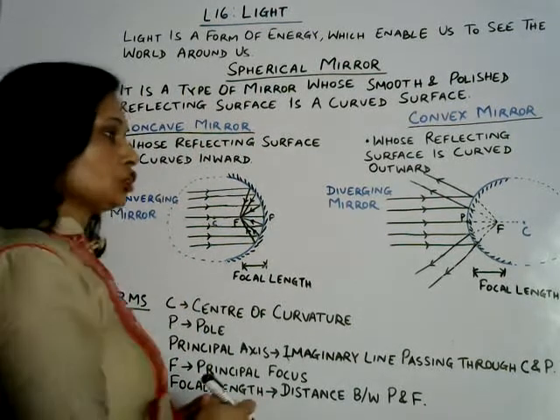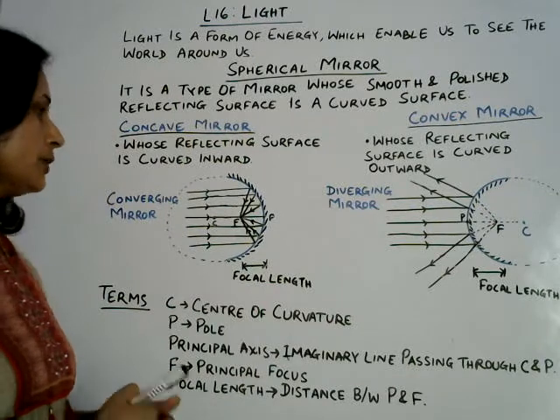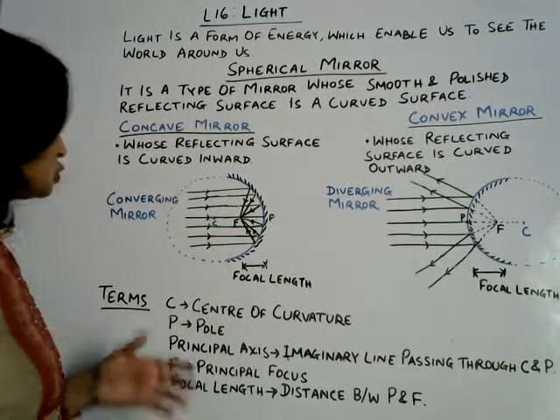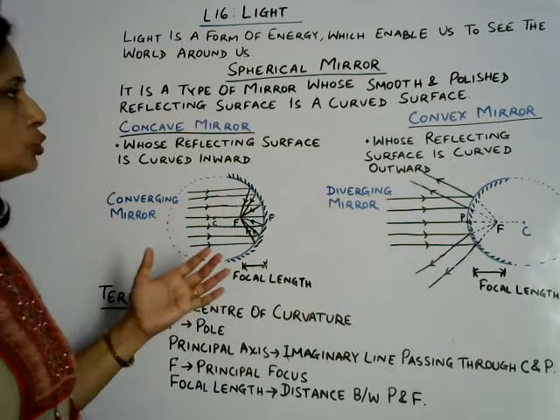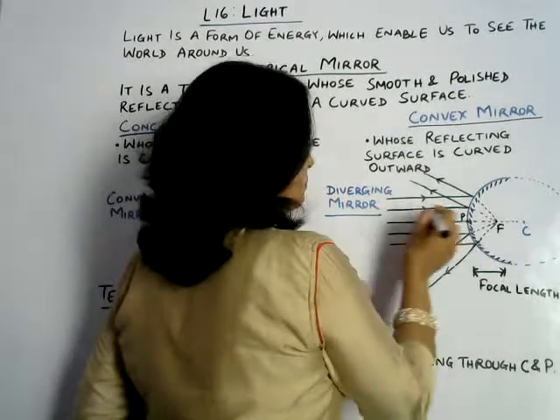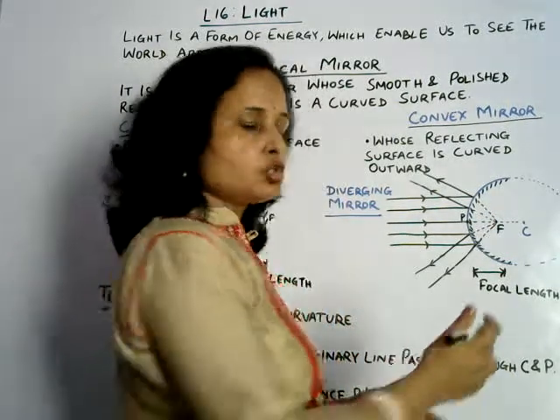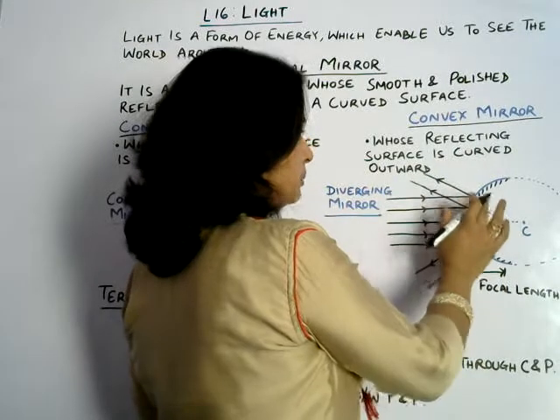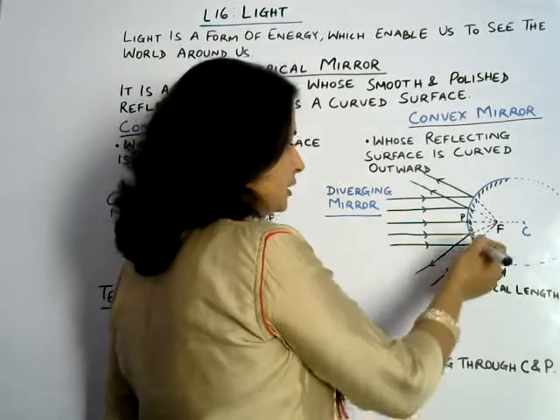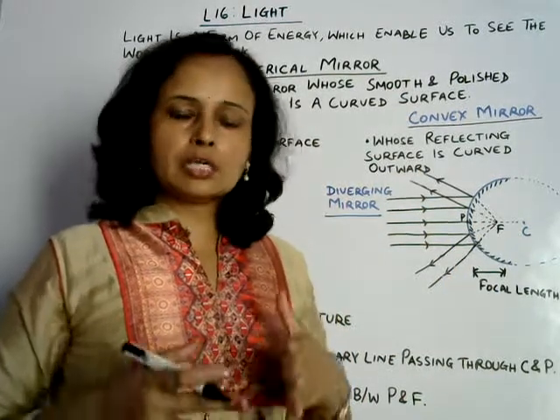The line that joins the pole and center of curvature is called principal axis, and the distance is called focal length. So these are the terms used in convex and concave mirror. In convex mirror, the reflected rays do not actually meet, they appear to meet at a certain point, so the image formed will be virtual. And because the reflected rays are divergent, such a mirror is called diverging mirror.